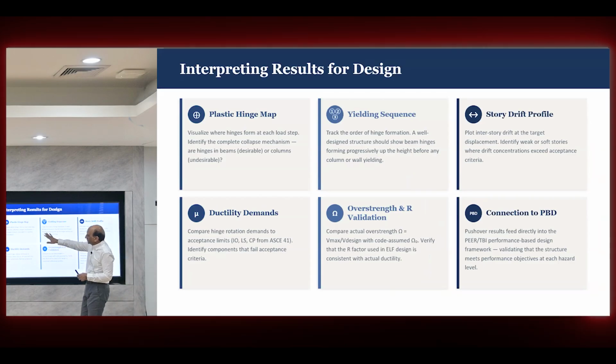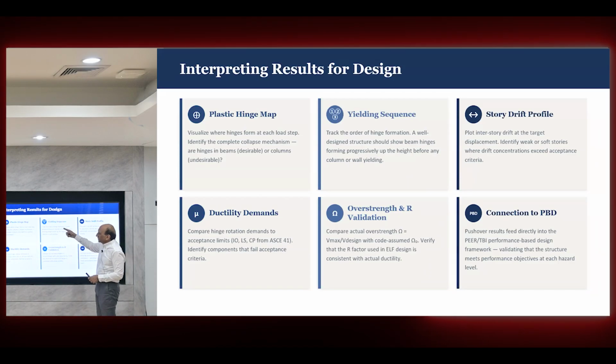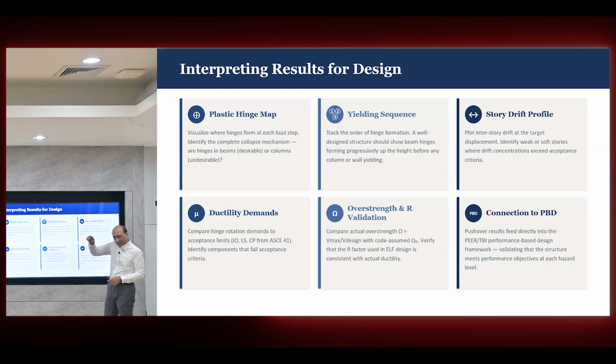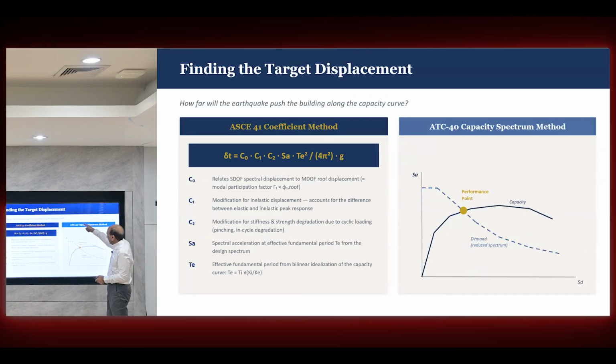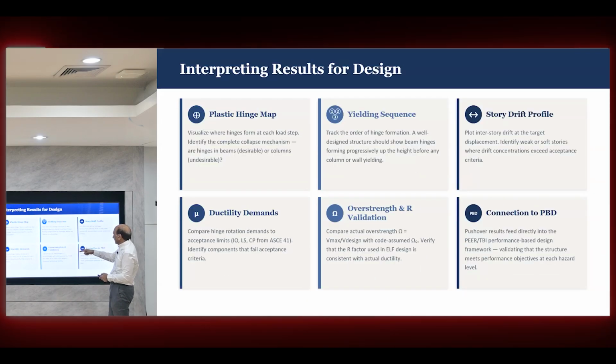So you get the ductility demand, because the length of the curve is ductility. You get the yielding sequence, how they will yield. You get the overstrength validation. You also get the difference between the elastic and the inelastic demand, the delta F that we were talking about, at any given displacement, because if you plot the linear one here, for any displacement you can find the difference between them, and that will be your overstrength and R factor validation.